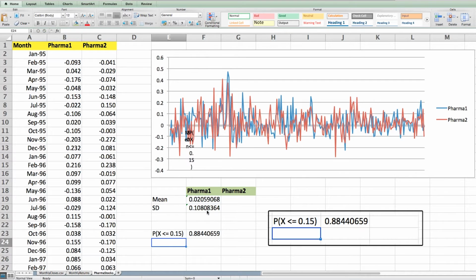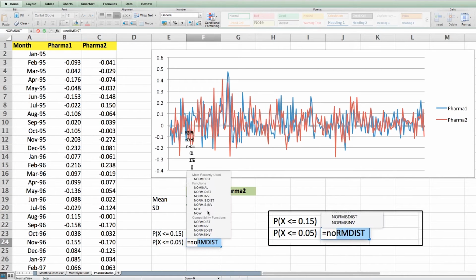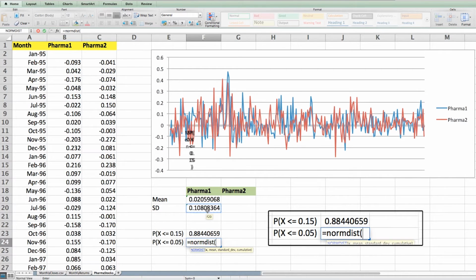So I get this number here, which just tells me about 90% of the returns, 88.5% to be precise, lie below 15%. Next, I'm going to do the same thing for 0.05, or 5%, and this would be NORMDIST of X, which is 0.05, the mean, the standard deviation, and 1 once again.